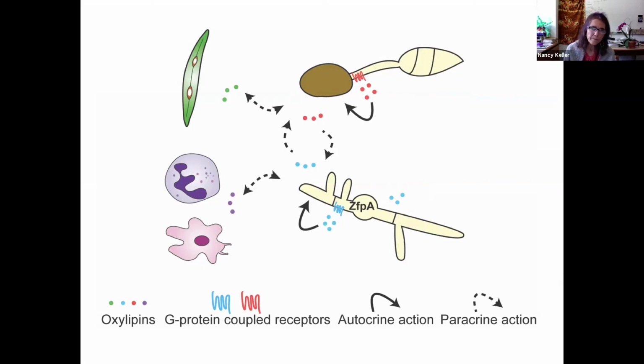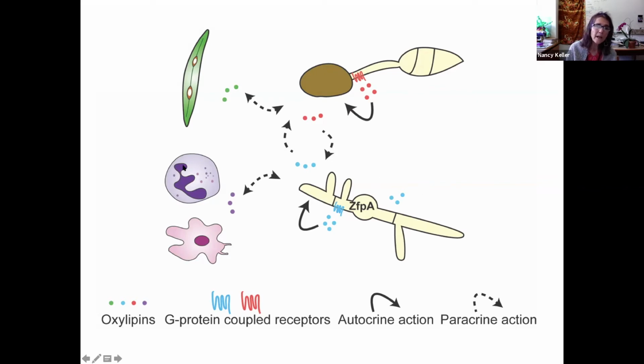Furthermore, we believe that this is very important as not only an autocrine signal for the fungus itself, but likely paracrine signaling between microbes or host tissue that it grows next to.